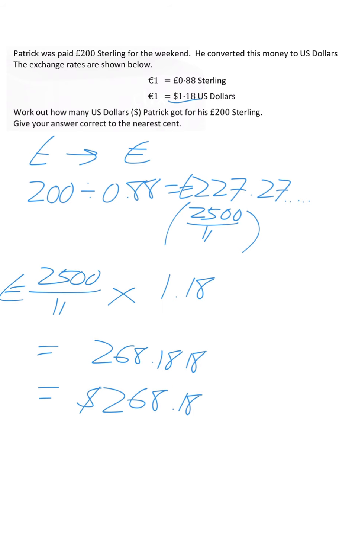So just to go through that again, we had £200 sterling, we had to convert it into euros, so we divide by the exchange rate, because we're going from sterling into euro. Then we have our amount. I used a fraction because I wanted to be as accurate as possible, and then my amount in euros times the conversion rate to go to dollars, and then round to 2 decimal places because it's corrected to the nearest cent, and that's it.